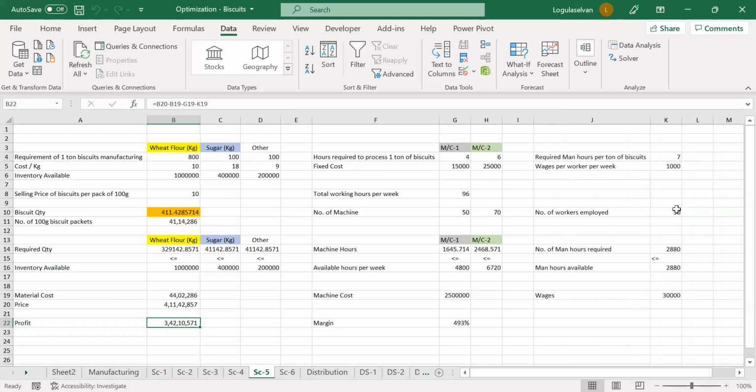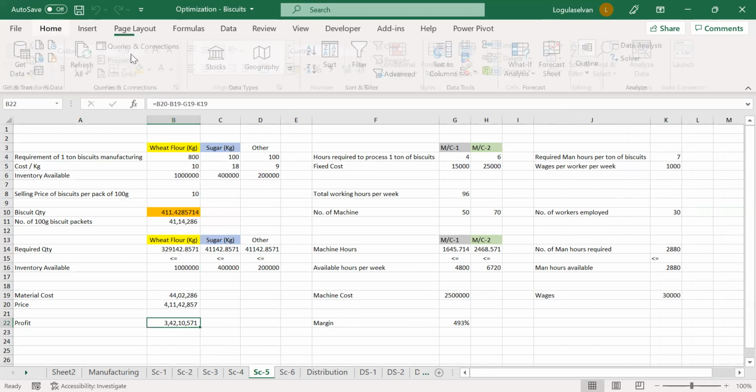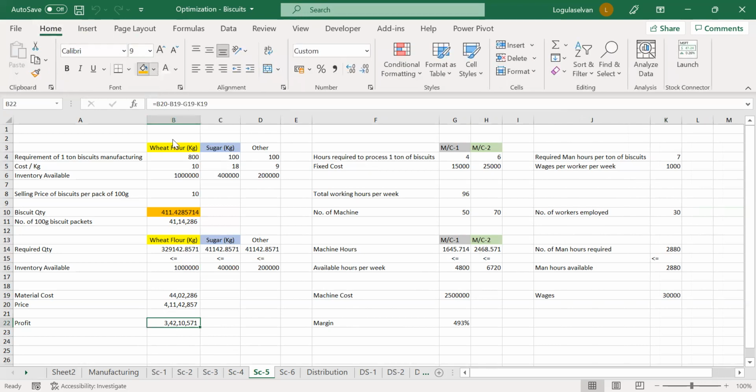Now, due to this man-hour constraint, you can find that the profit has dropped down to only 3.4 crore. So that means either they have to reduce the number of machines as well as the inventory, or they have to increase the working hours.